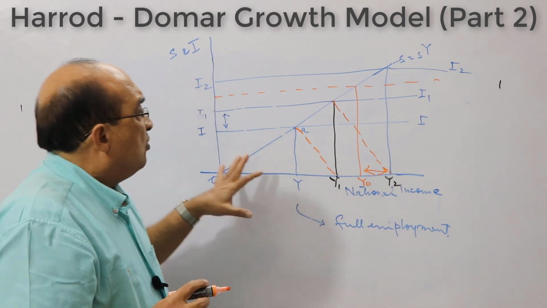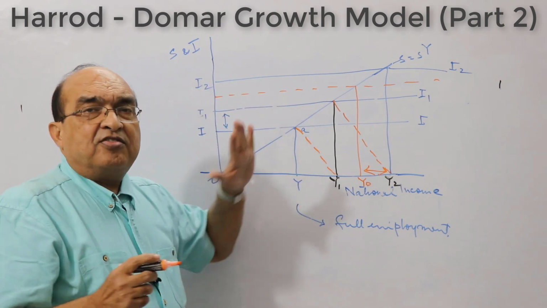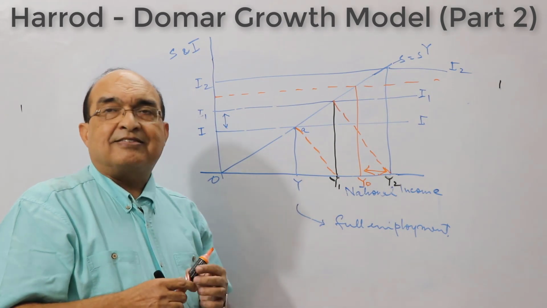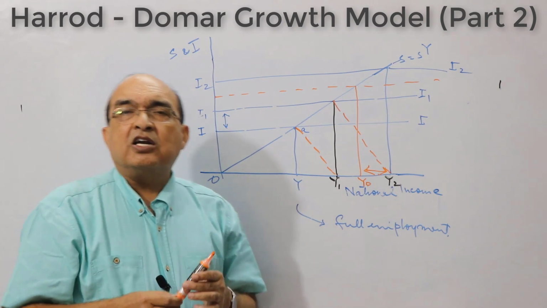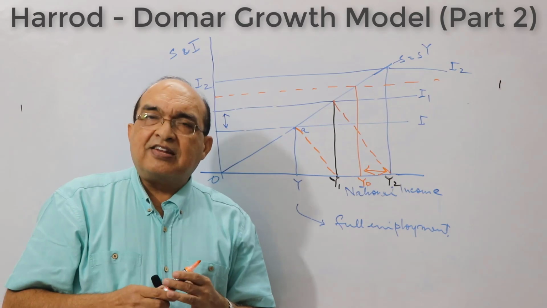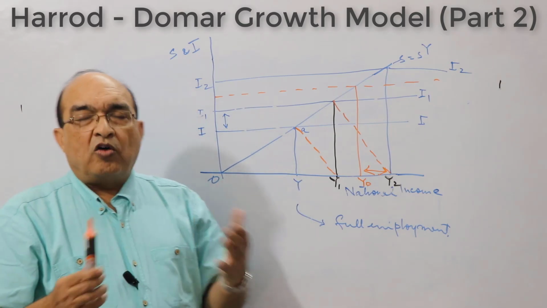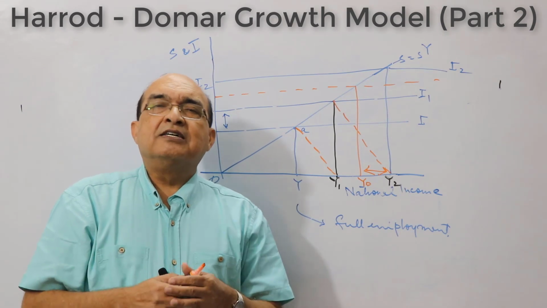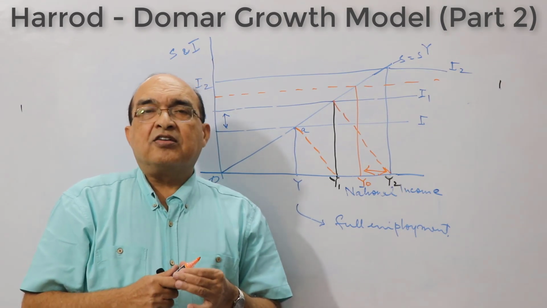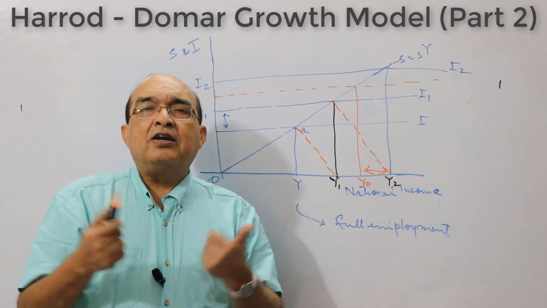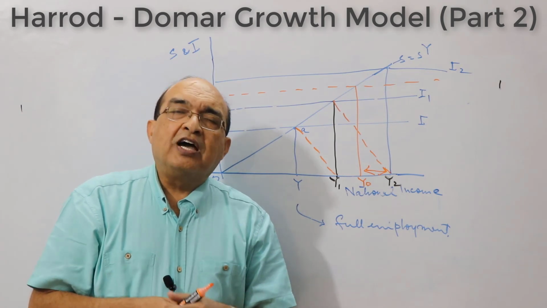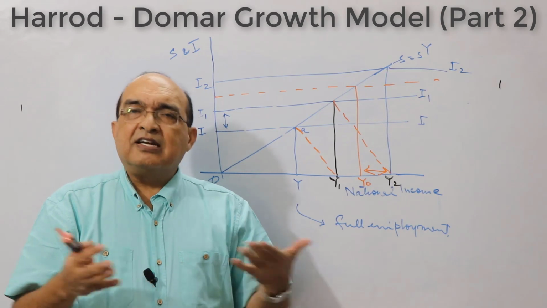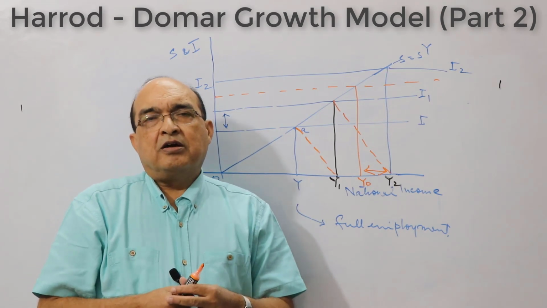So the difference is only in the details, otherwise the conclusion is largely the same for both Harrod and Domar, and it is for this reason that this model is normally called the Harrod-Domar model, although both gave it separately. So guys, I think this is sufficient for Domar.